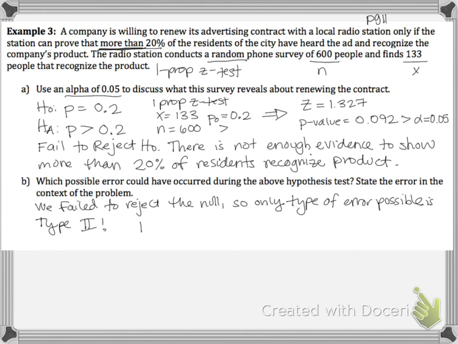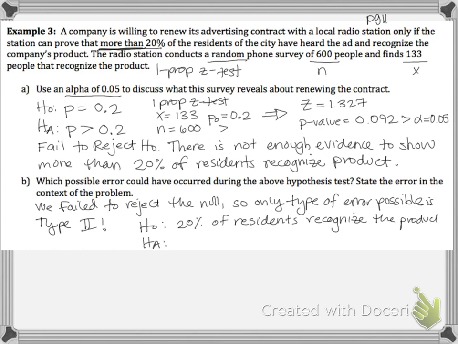Okay, so let's look at our null and alternative in words, and then in the space below, which I know you guys have to write a little bit off the page potentially in the packet, we'll write the error in context so that we understand again how to convert that into words. So if we are stating no change happened, then that means 20% of residents recognize the product, right?